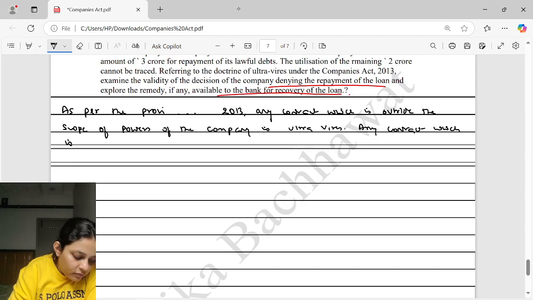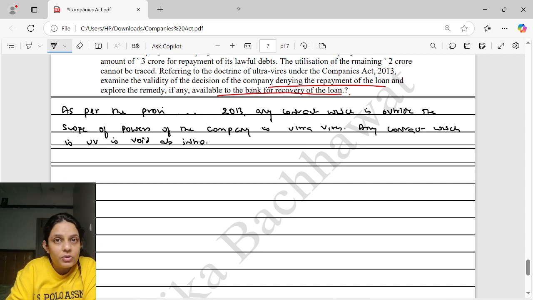Any contract which is ultra vires is void ab initio.